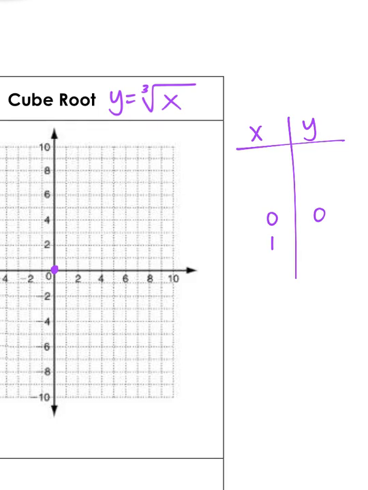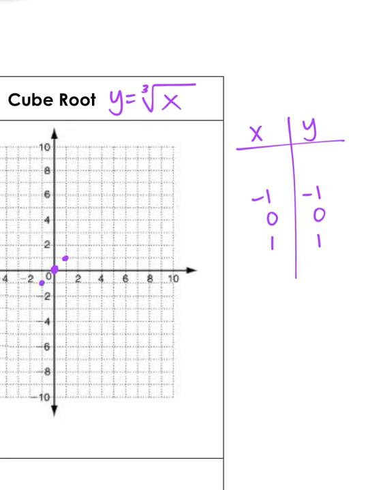But with cube roots, we can do negatives. So I'm going to do a couple of negatives as well. So I'm going to start off with these 3. The cubed root of 1 is just 1. So I could go ahead and graph that. The cubed root of negative 1 is negative 1. So I'm going to go ahead and graph that.